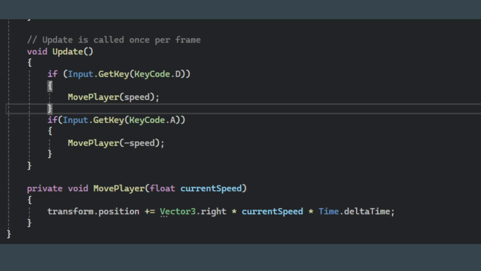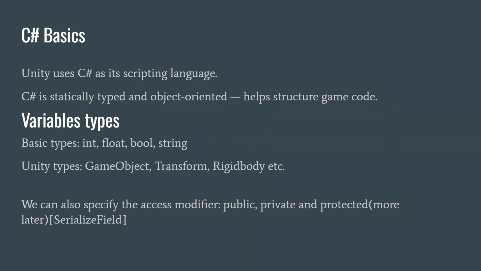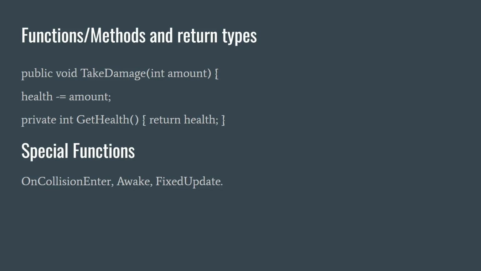So because I wanted my player to move to the right side when I pressed the D button, I placed it in the update function, which is called every single frame that your game is run.